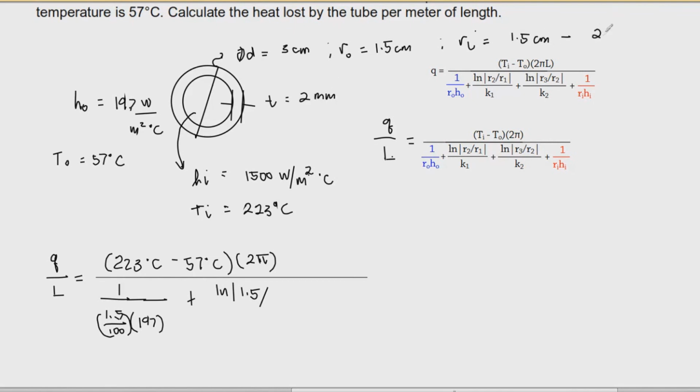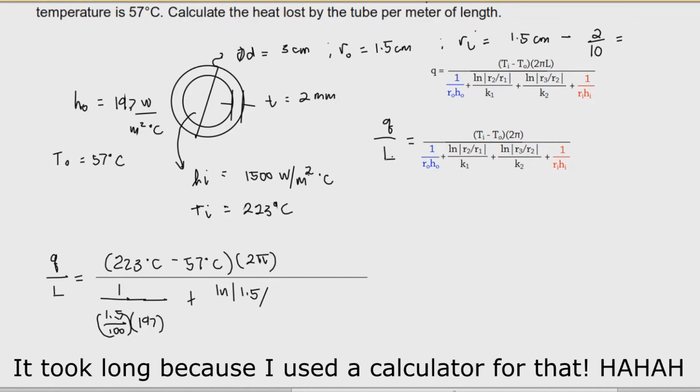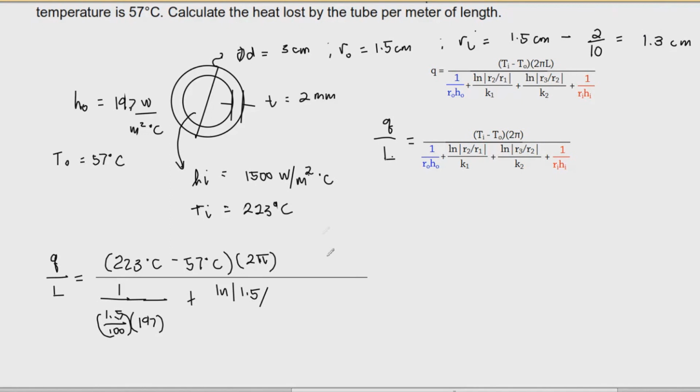Since this is in mm, I need to divide this by 10 to get 0.2 centimeters. So the answer would be equal to 1.3. So the inner radius is 1.3 cm. So we have here 1.3.